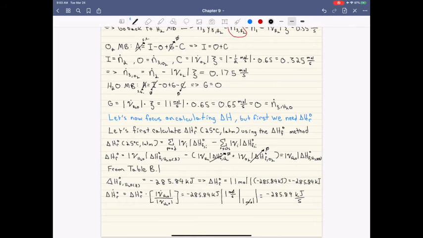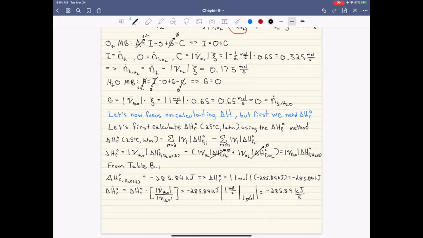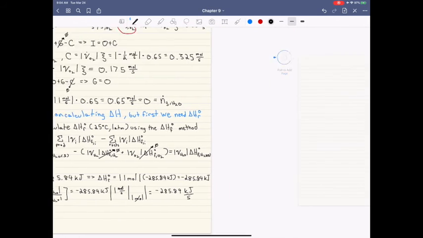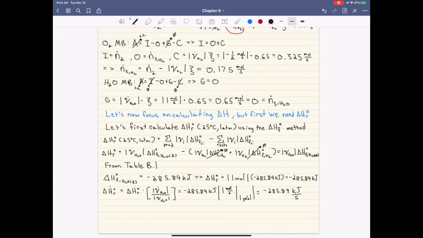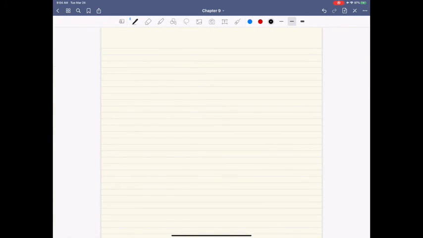All right, so now that we have this value, we can calculate the total delta H dot for the entire process.